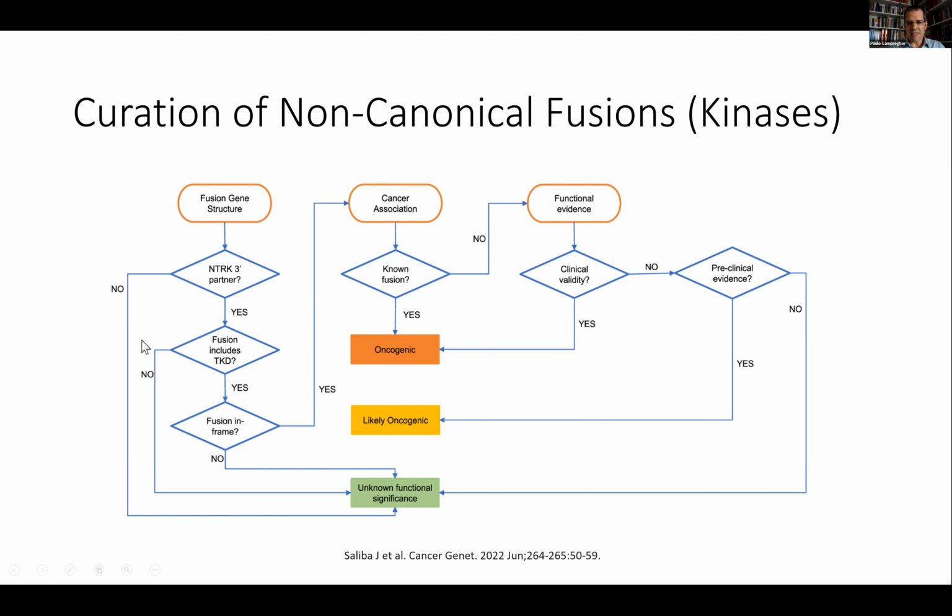In the case of kinases, we look if the kinase domain is preserved. We look if the fusion is in frame, and if it's the right orientation, 5' or 3'. If the kinase is preserved, and if the fusion is in frame, we describe that fusion in the report, right? We call that a variant of unknown significance, but we write a text saying to the oncologist that we believe that fusion is probably oncogenic.